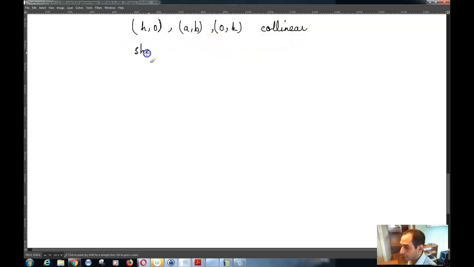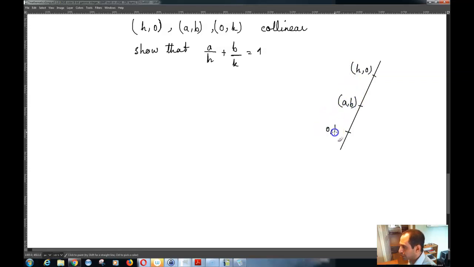You want to show that a over h plus b over k is equal to 1. So if these 3 points are collinear, suppose that this is a line and these are the 3 points, for example h comma 0, this is a comma b, and this is 0 comma k.